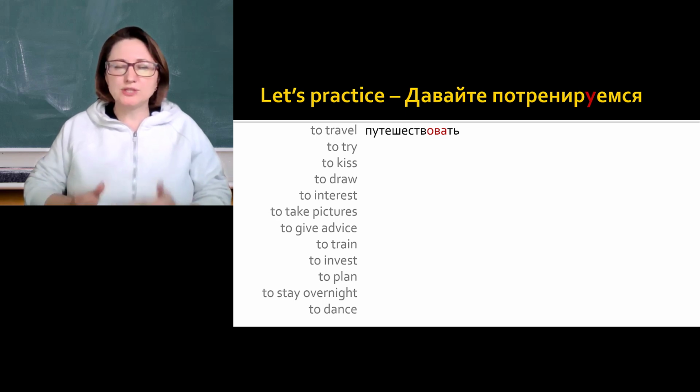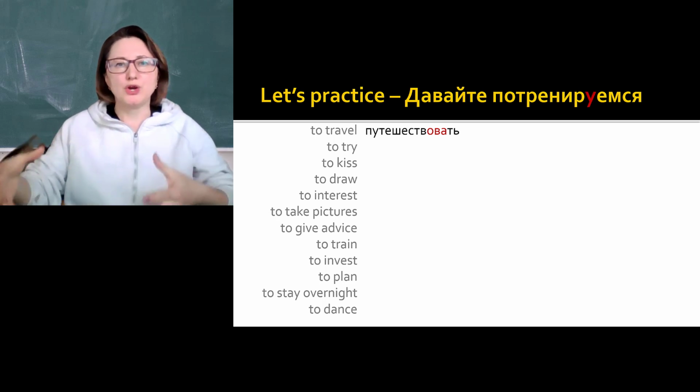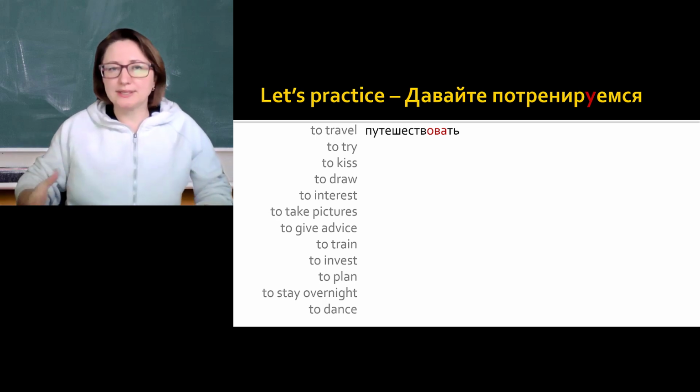I know sometimes Americans say, I travel to New York for work. This is not путешествовать. It's because you're not really taking a trip for pleasure. You're just going there for work or for whatever else.